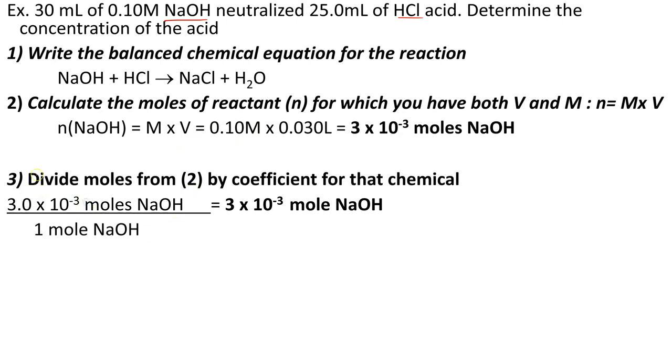So step 2, after you write your balanced equation, what I'm going to do is multiply my molarity and the volume by what I'm given. So here's your volume, here's your molarity. Now you need to change to liters, right? You don't want to use milliliters, so let's just keep it as 30 milliliters to show you what could have gone wrong.